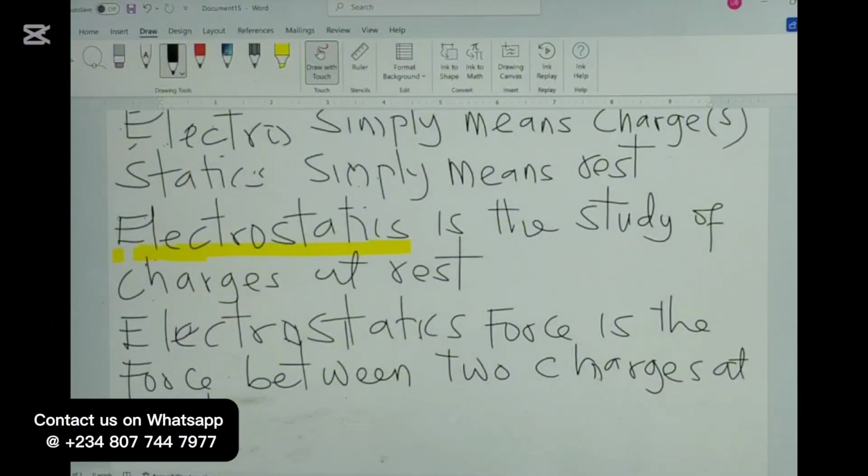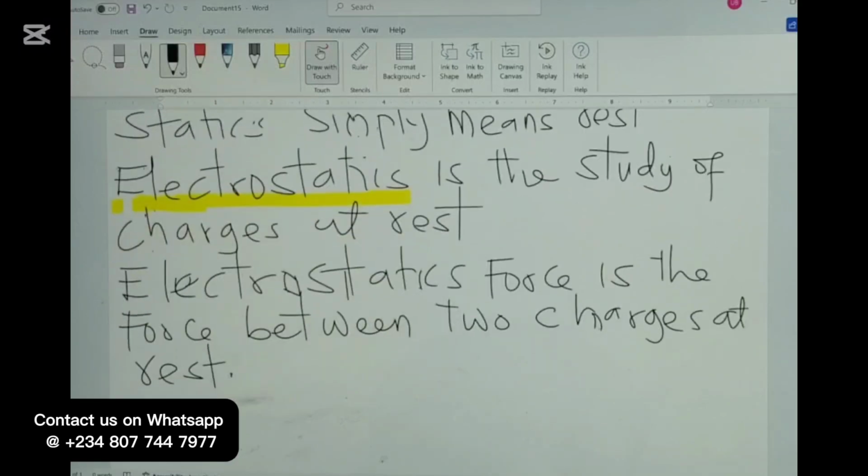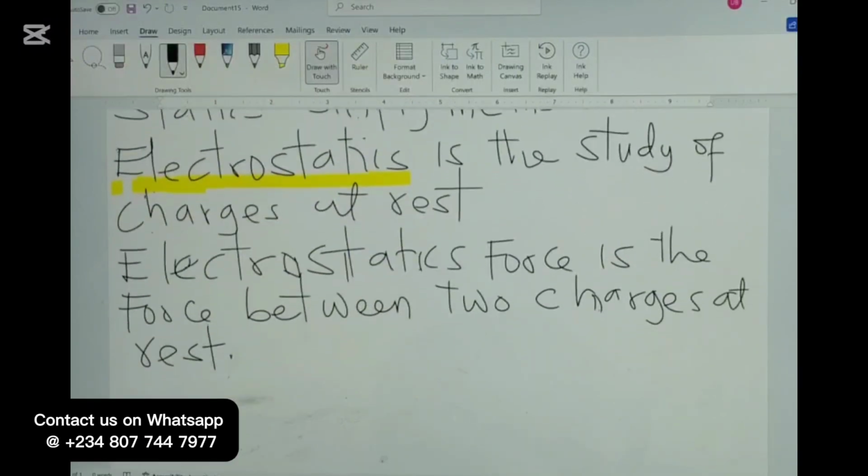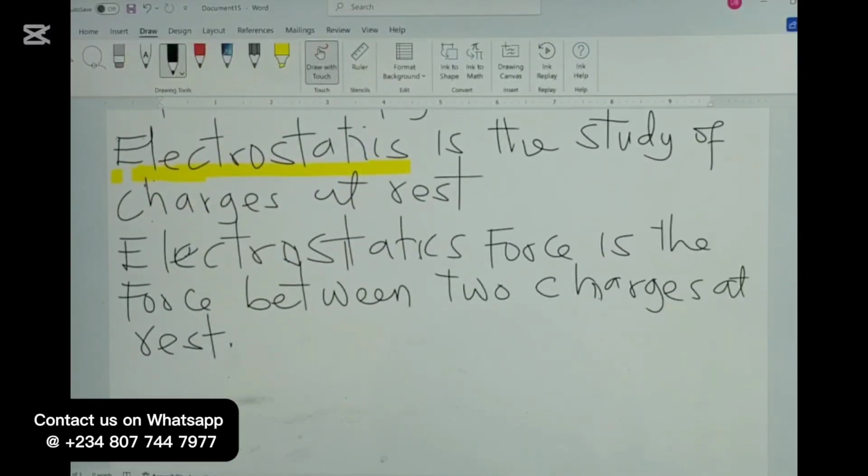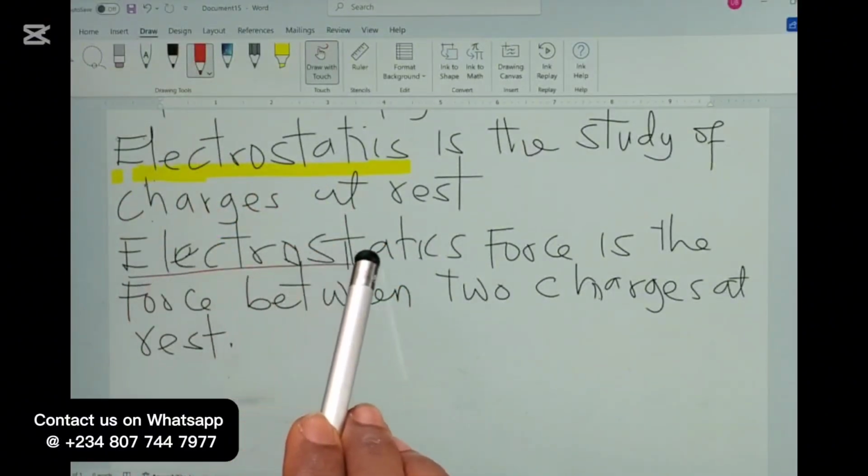The force between two charges at rest is known as electrostatic force. Please take note of that, very important.